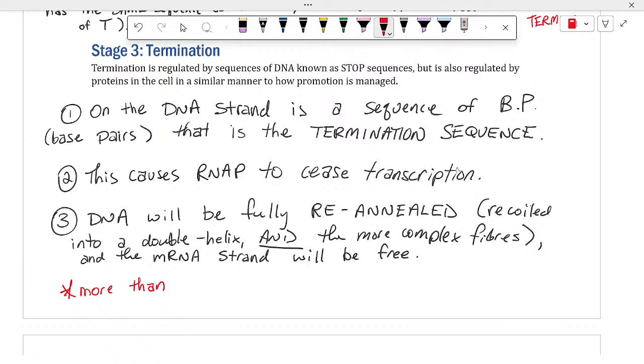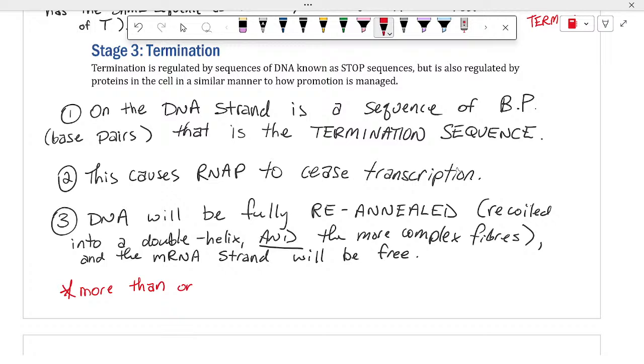Whereas the termination sequence is more closely related to the promoter sequence, where the promoter sequence attracts RNA polymerase, which makes it bind. The termination sequence actually repels it. The polymerase's active site is such that when it hits that specific sequence, it bounces off of the strand. Did that answer your question at all? Okay.